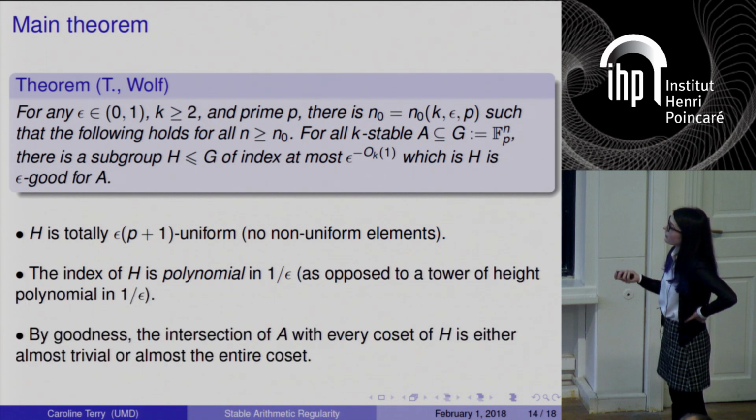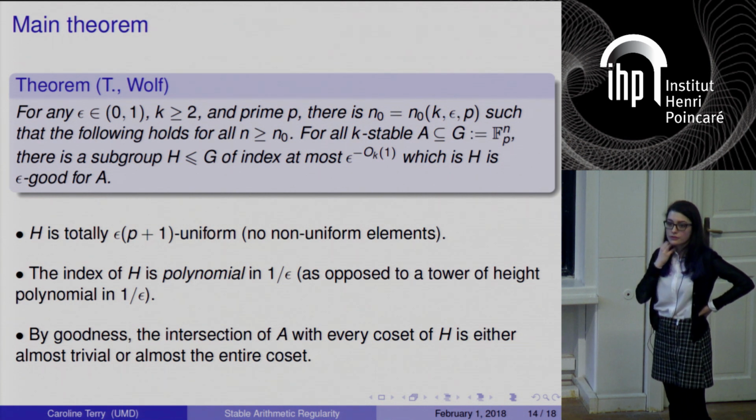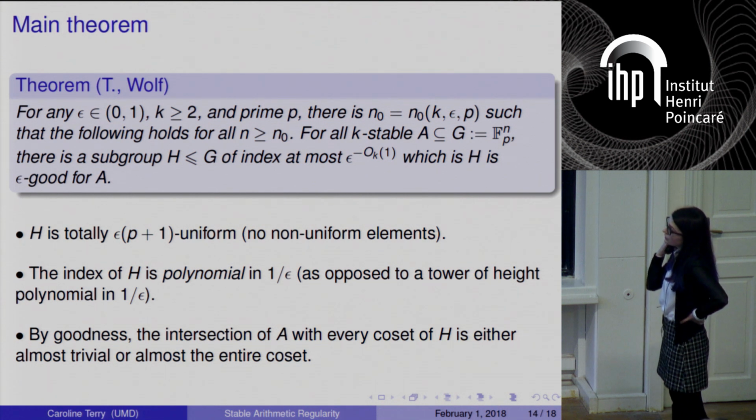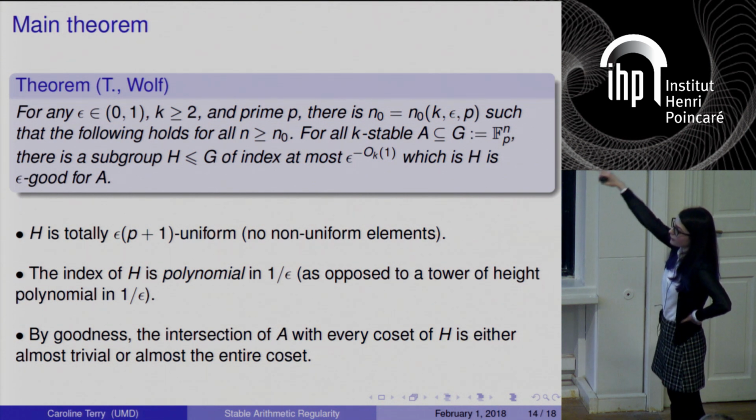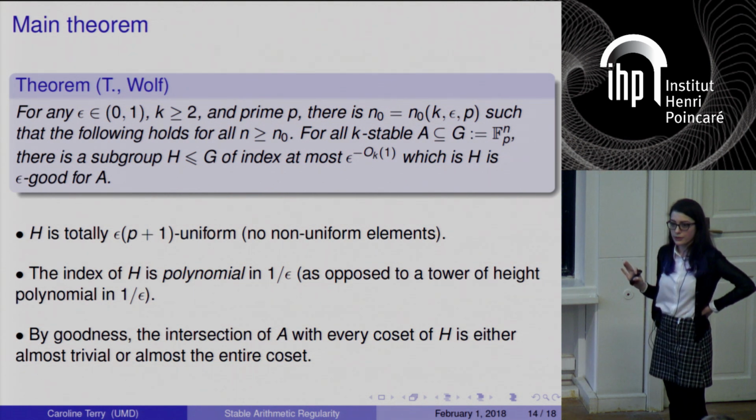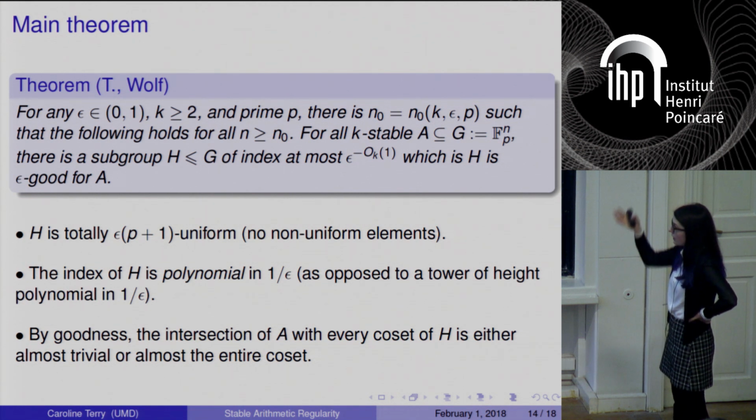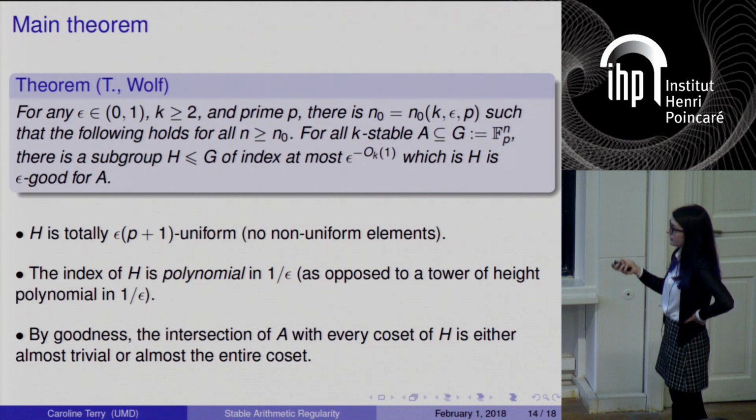On the other hand, by goodness, the intersection of A with every coset of H is either almost trivial or almost the entire coset. We should think of this as an analog of the three bullet points from the graph regularity lemma, where we had no irregular pairs, small size of the partition, and all the densities close to 0 or 1. So we're getting all the things we would expect from a stable regularity lemma.